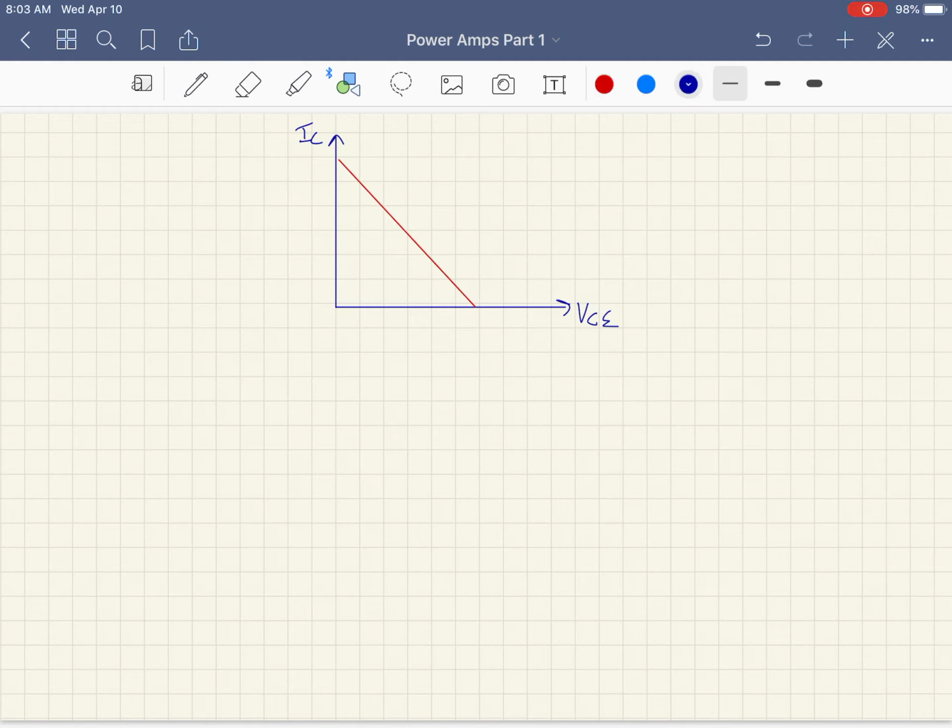Let's stick our Q point down here. We want undistorted output. We talked about that total harmonic distortion a little bit. I'm going to draw a dashed line here, dashed line here from the Q point, and then I'll make a solid line.